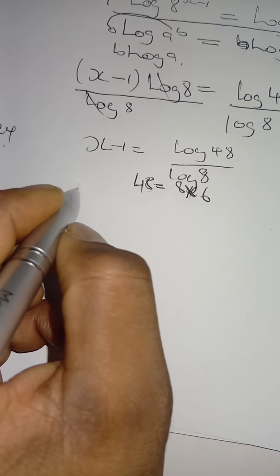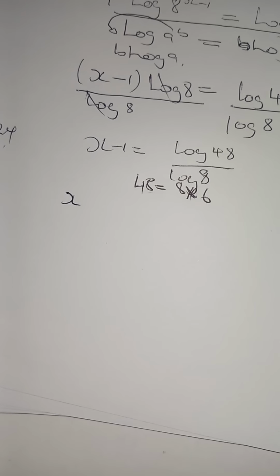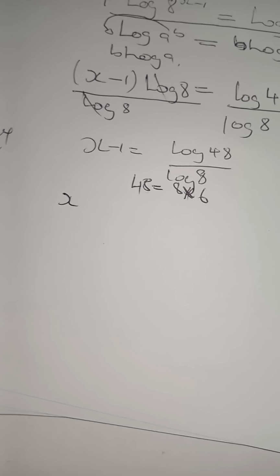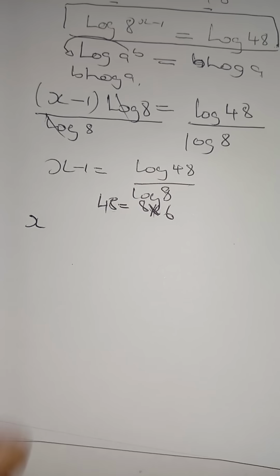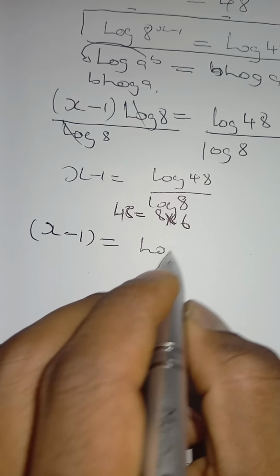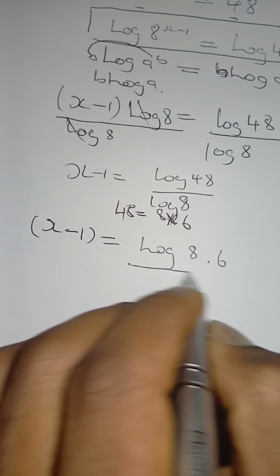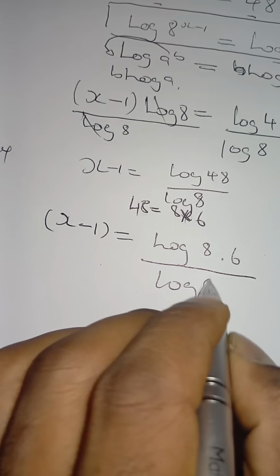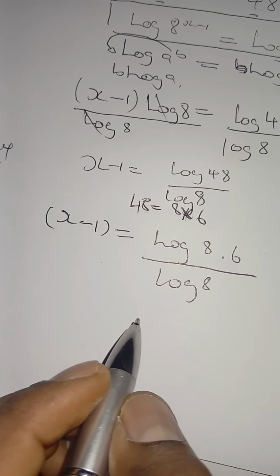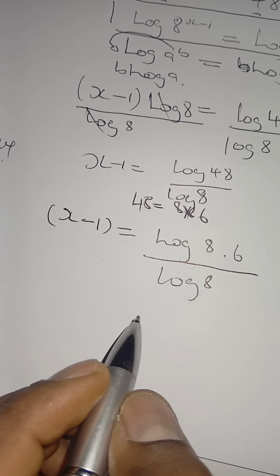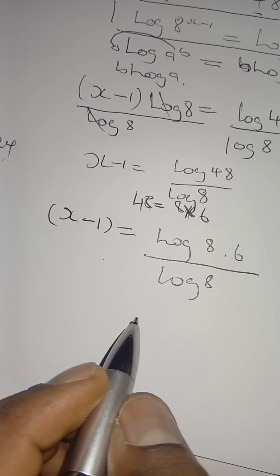So we're going to say x minus 1 is equal to log (8 times 6) divided by log 8. So how do we solve this?